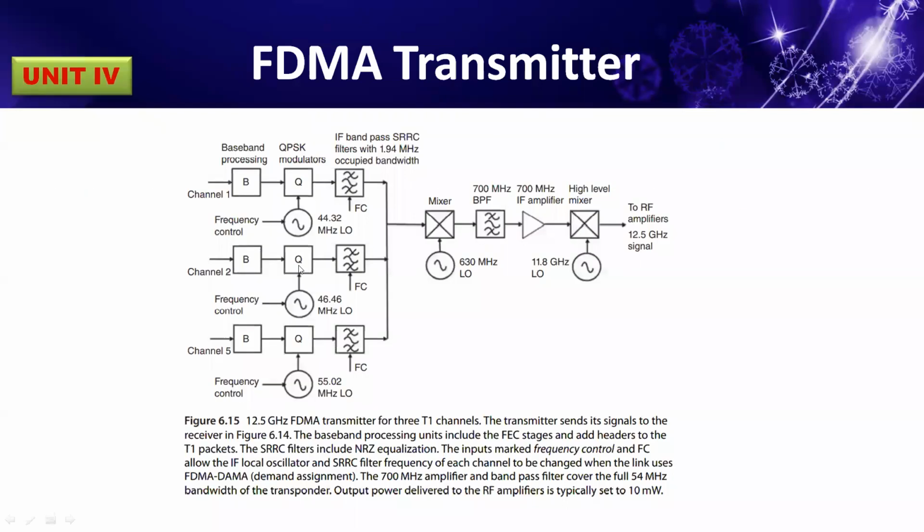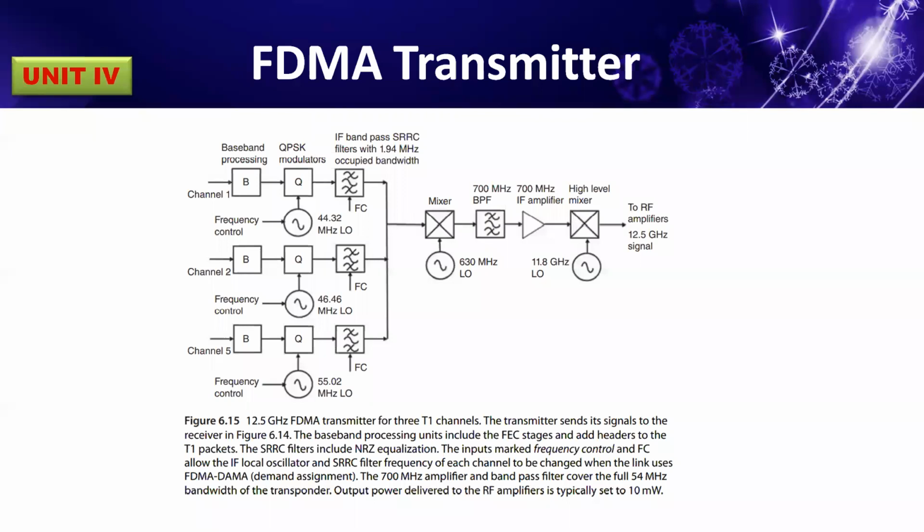So here also we have the FDMA transmitter. This is the FDMA transmission, where our channels are transmitted through the modulation principle. All modulators are connected to the mixer, where the mixer is configured with a 630 megahertz local oscillator.